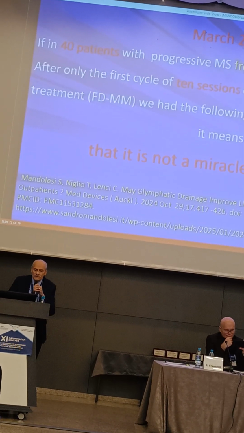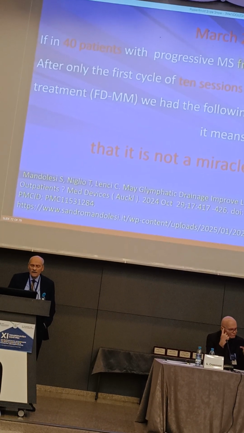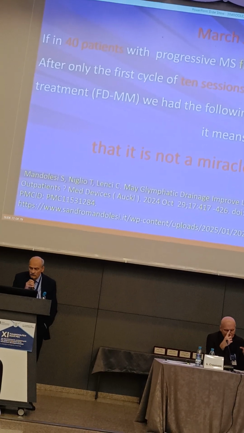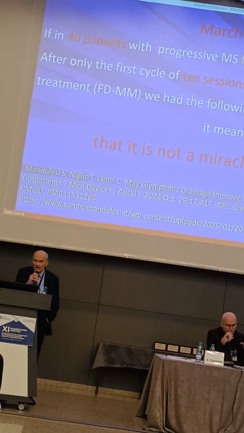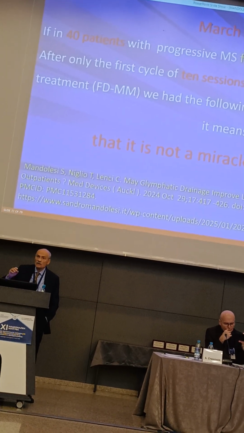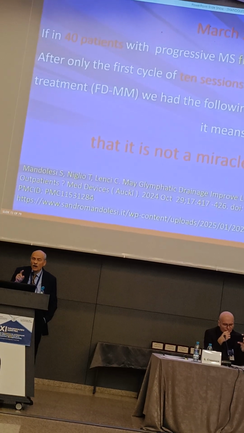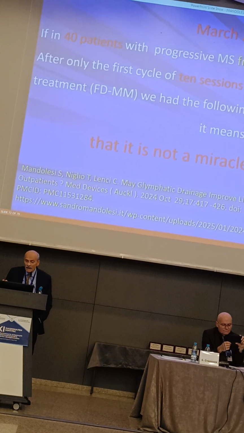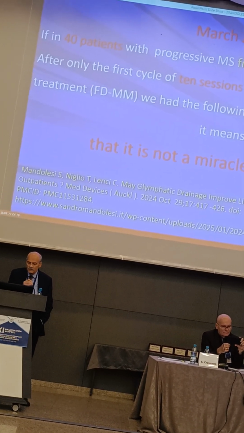This is the conclusion. We treated 40 patients with progressive MS, from 6 to 9, after only the first cycle, not 15 sessions, only 10 sessions of intensive MAM treatment, and we had the following results.